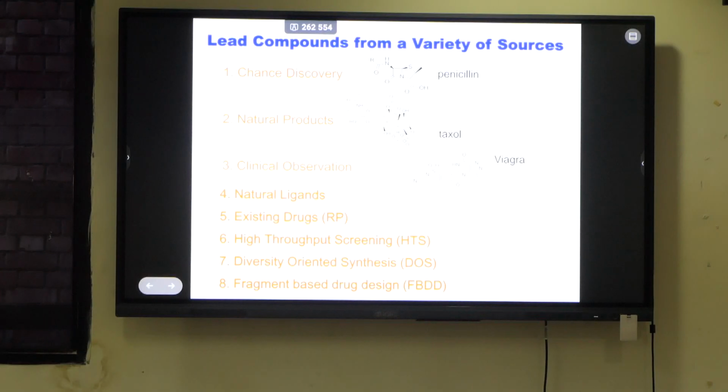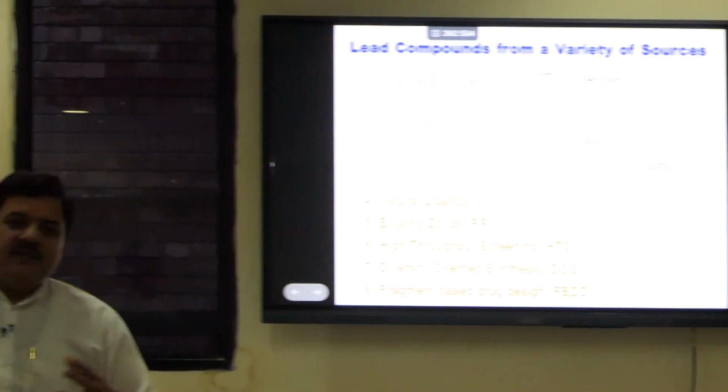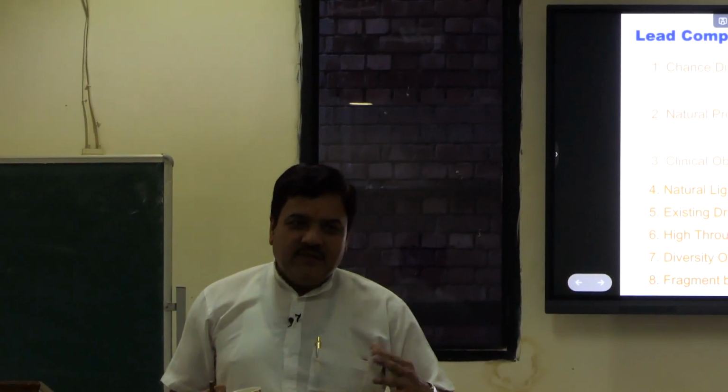Anyway, Stuart Schreiber gave the diversity-oriented synthesis concept, and what he proposed is that it is necessary to make a large number of molecules, but those molecules should not have a similar scaffold. They must occupy diverse 3D chemical space.